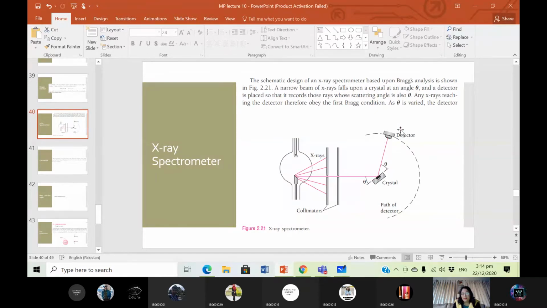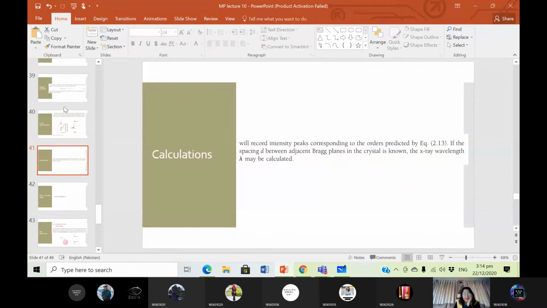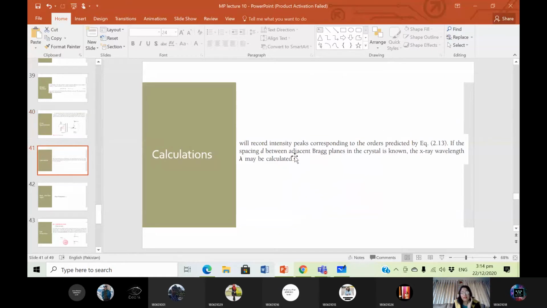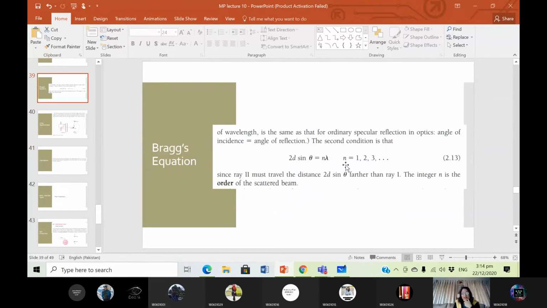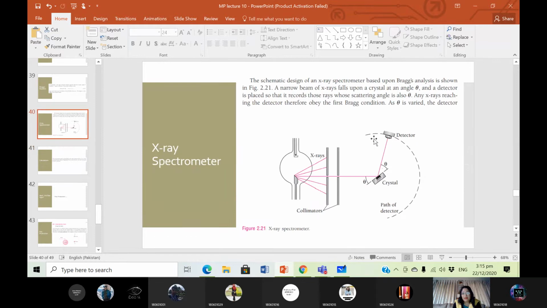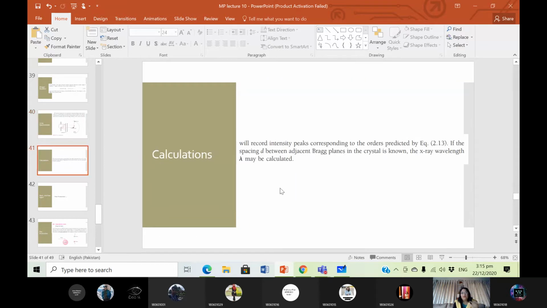So basically, as theta is varied, the detector will record the intensity peaks corresponding to the orders according to this equation. n is the order of the maximum, because this equation just describes the maxima. So as you vary theta, you vary the detector's position, okay?